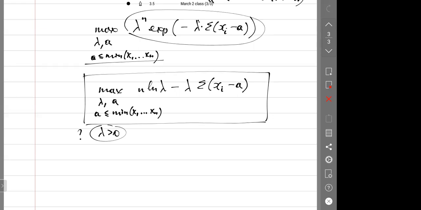The condition lambda greater than 0 can never be active. So I may safely ignore it, and the derivative of the function with respect to lambda should be 0. If a condition is never active, then the only possibility to satisfy it is to have dL/d lambda exactly equal to 0.